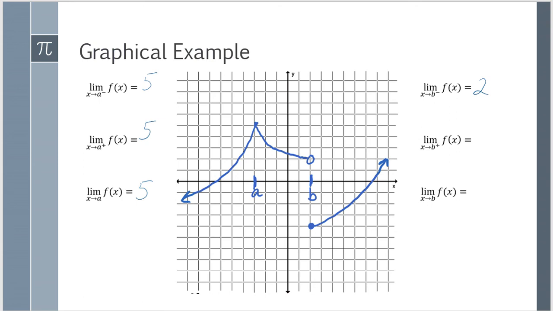From the right, here I am at 0, -1, -2, -2.5, -3, -3.5, -3 1/4, -3 5/6. And again, I don't care that that's a closed dot, but it looks like I'm approaching a value of -4 from the right. Since the left and right hand limits are different, the two-sided limit does not exist.